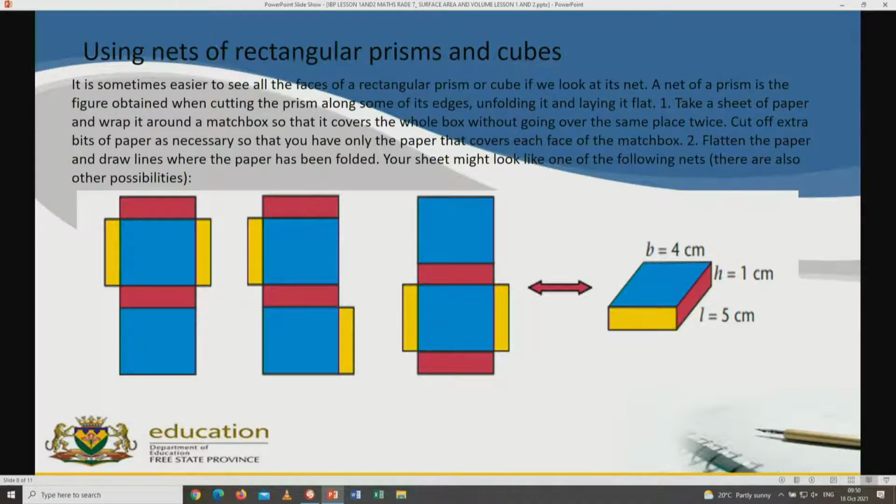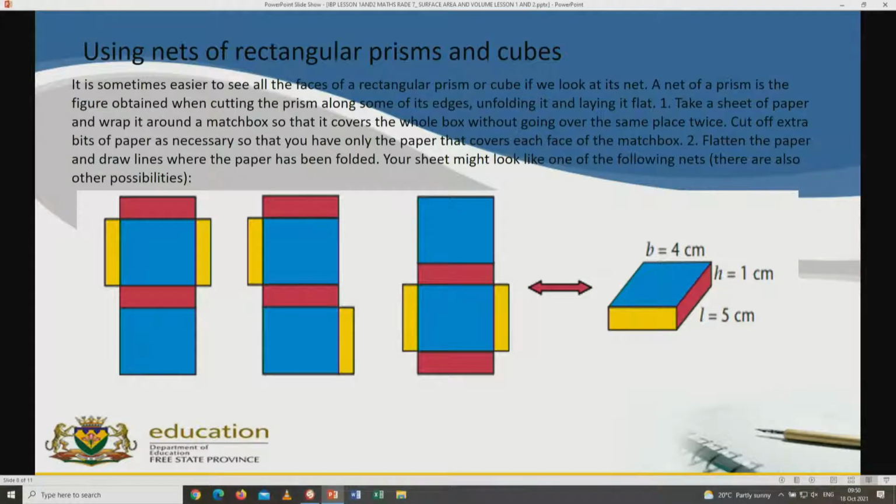Blue to blue: remember the matchbox, blue and blue will be the top and the bottom part. Red against red will be the front and the back, and the yellow will be the right hand side and the left hand side of the matchbox.